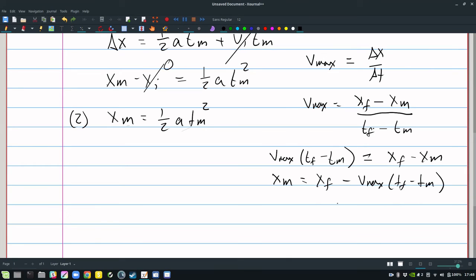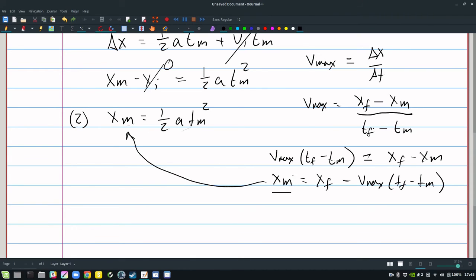Let's check the units here. These two distances are in meters, but velocity times time is also a distance in meters. The v max would distribute and be multiplying these times, but it's meters per second times seconds. So there's no problem with units there. Now what we're going to do is take this and stick it right there.